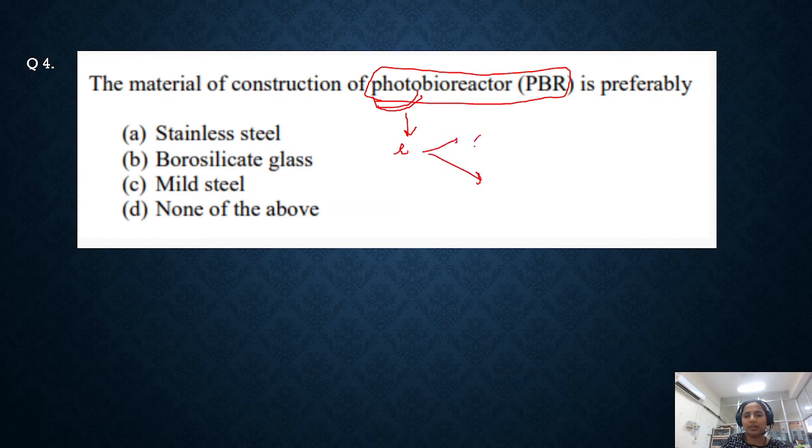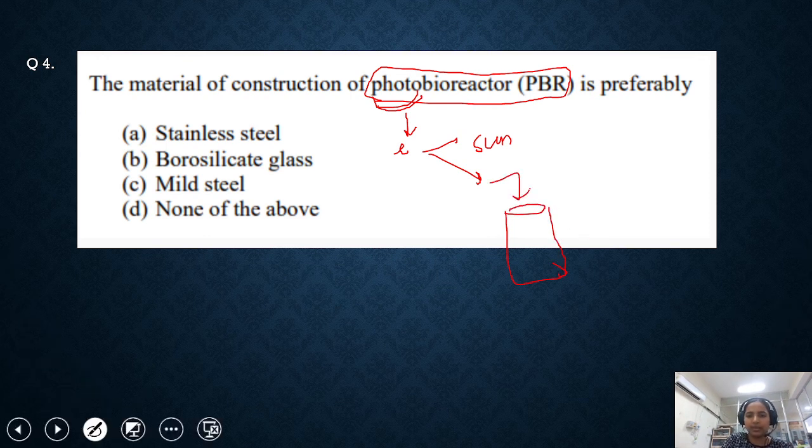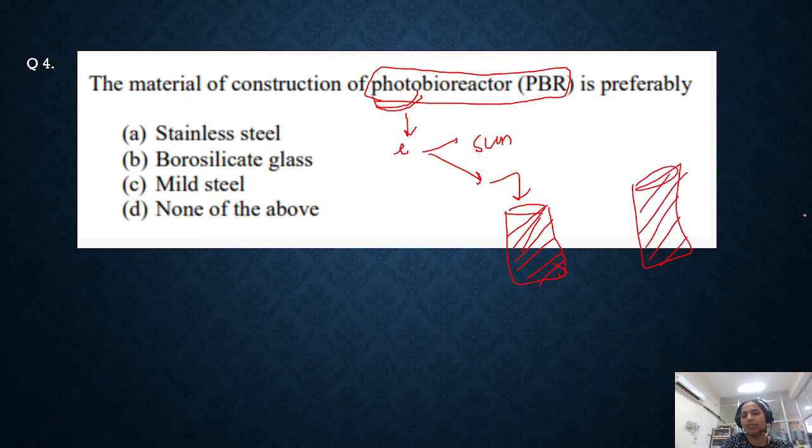It can be the sun, or it can be taken from inside lighting. So for taking the light, suppose this is your bioreactor, and suppose it is made up of stainless steel, then can light enter in this? Preferably not.